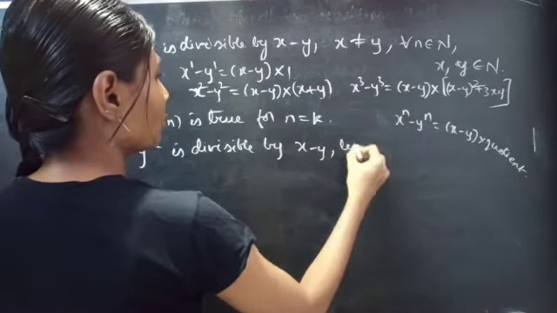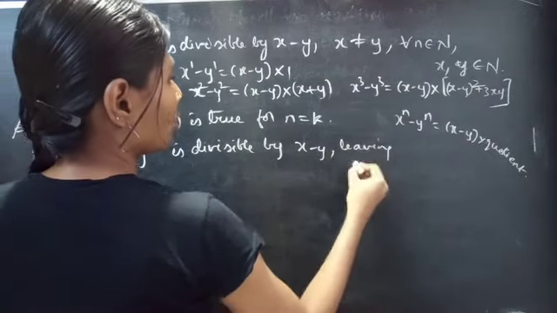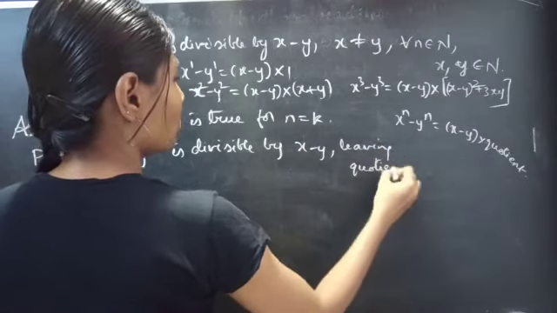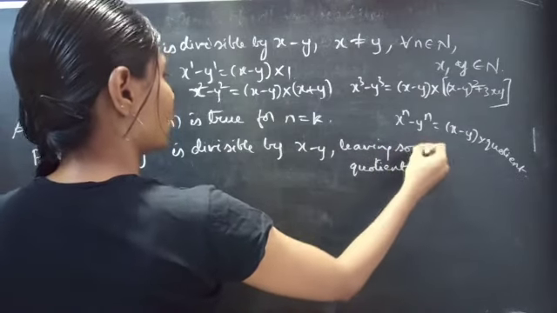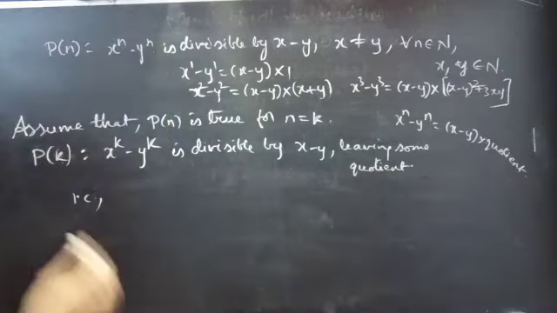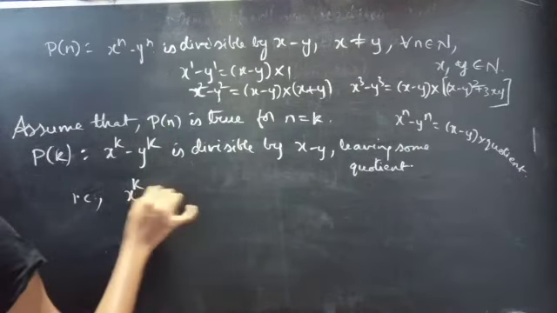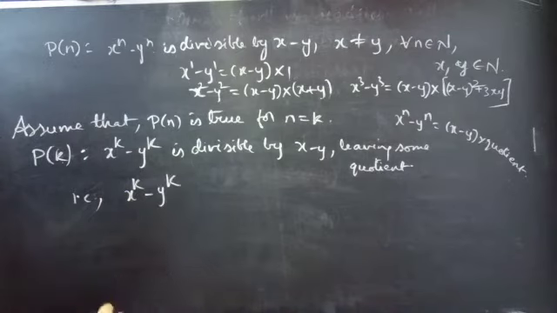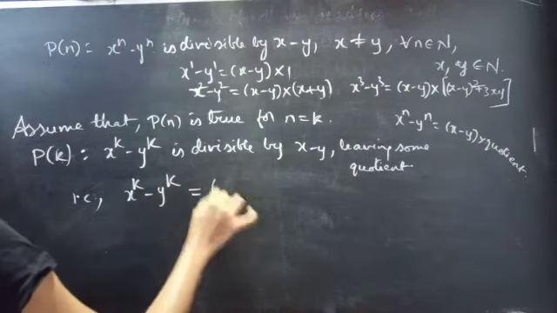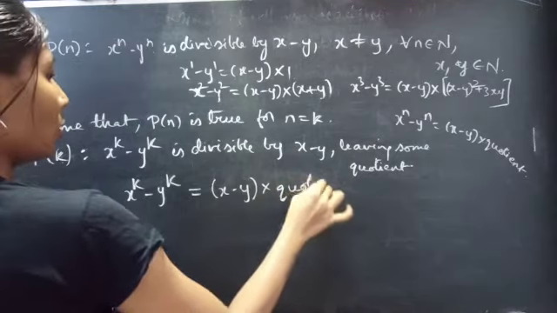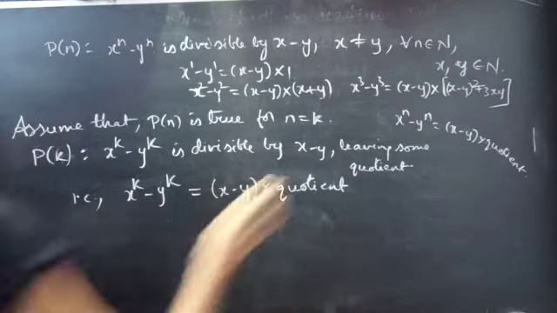Leaving some quotient, we can say, right? Because we are going to make an assumption. Then x power k minus y power k equals (x minus y) into some quotient.